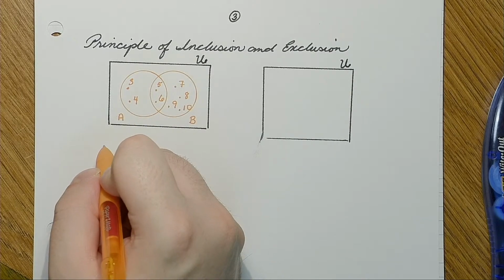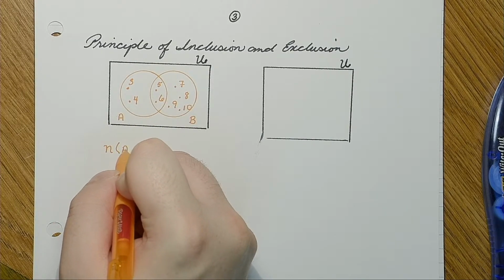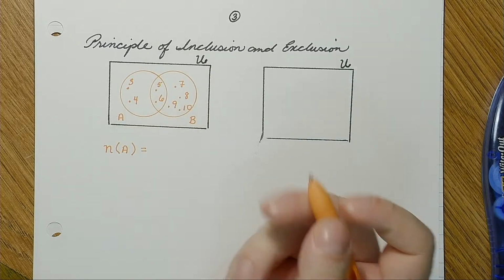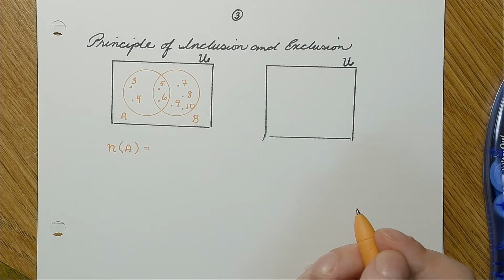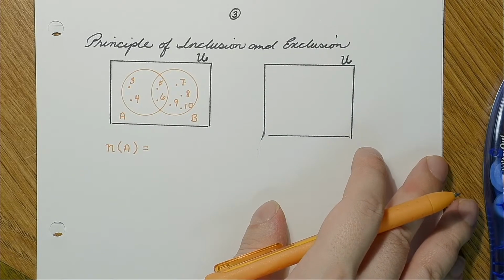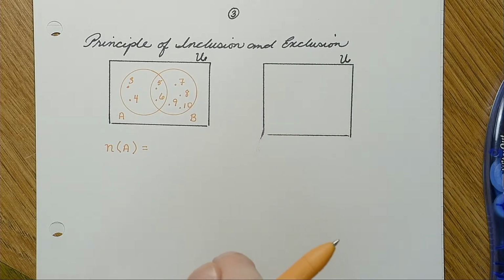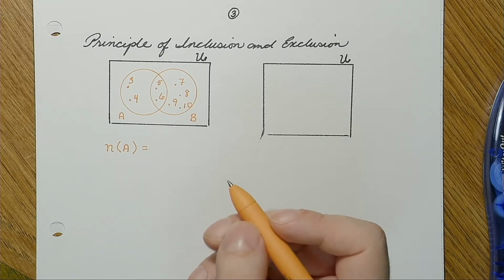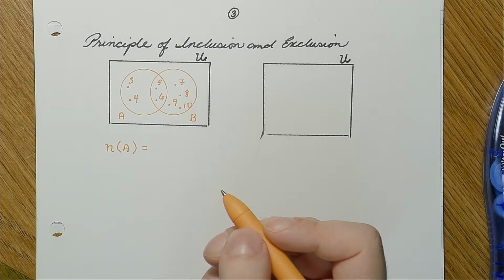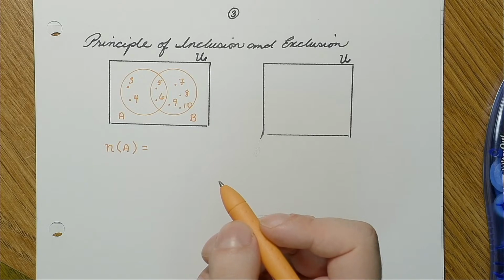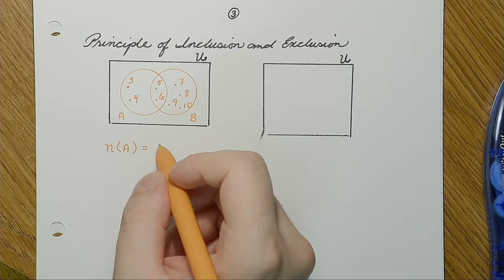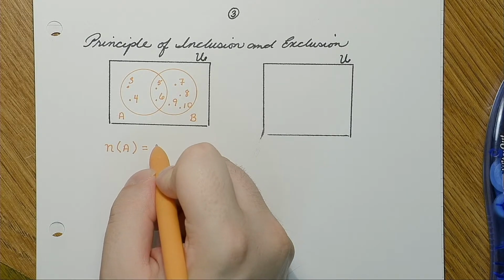So, here's a question for the class. How many elements are in A? Yes, 4.